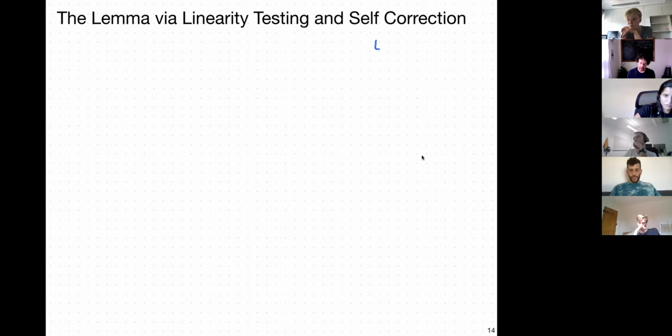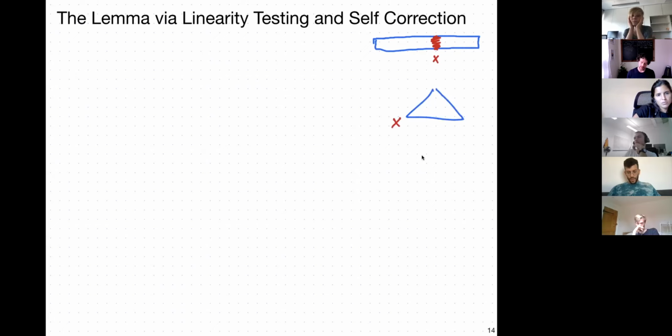So I have this big linear function. And let's say that I have this one bad point x, and I want to get the function here. So we can use our old triangle friend, right? And pick the bad point x, a random point r, and then x plus r.